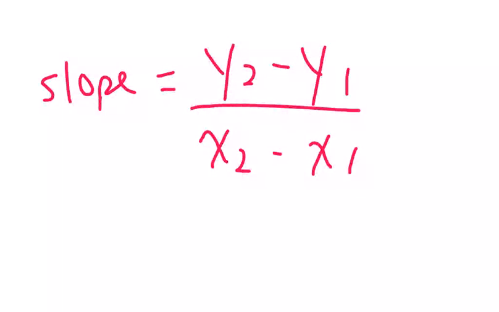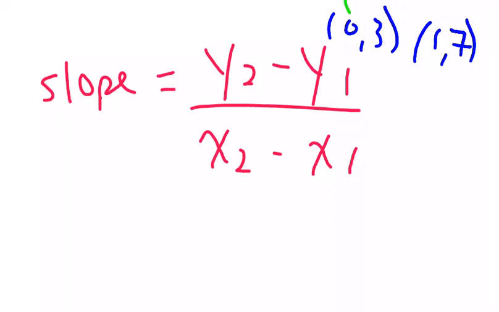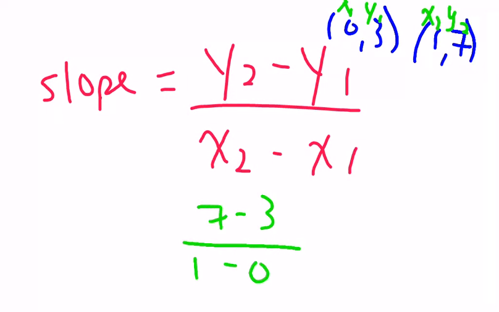It does not matter which numbers you plug in first as your y1 and x1 or as your y2 and x2. But we want to plug those in. So here we could say that this is x1 and y1. And this is x2 and y2. So we would have 7 minus 3 over 1 minus 0.